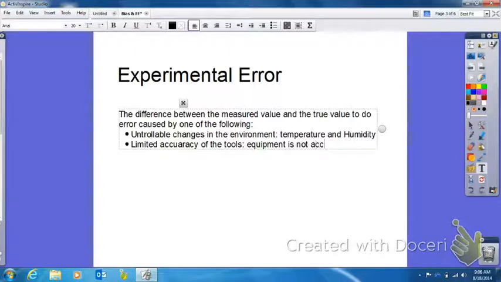So for example, if you ever weigh at home and then you go to the doctor's office and they take your weight, often you will find that your weight is different, and the reason why is probably because your scale at home is not quite as accurate as the one in the physician's office. So that's what we mean by limited accuracy of the tools that we use in lab.